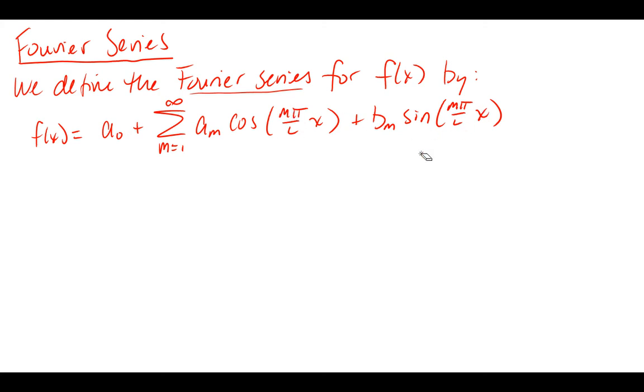Yes, those are going to be important later on, but just think about this. This is cosine, this is sine, our old friends, the wavy guys. And a_m and b_m are just some coefficients of those, some numbers in front of them. So if we could write our f of x like this, we would say that all of this stuff over here is the Fourier series of f of x.